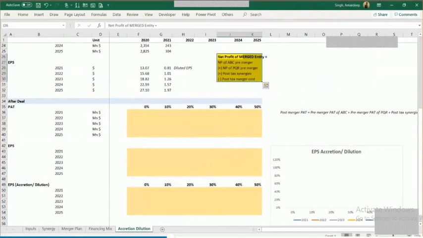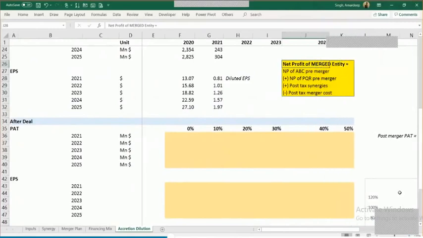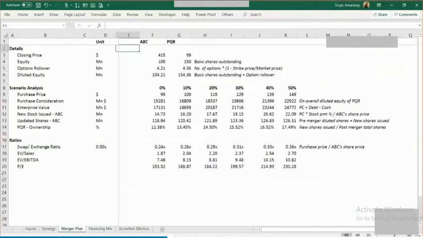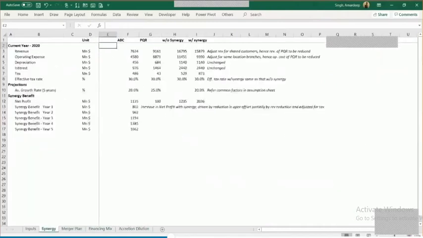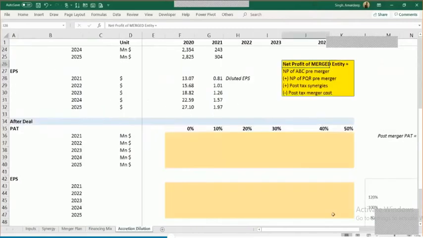Let me increase the zoom. All right, let's come back here. Now, what we are going to do as a first step, once the deal will be executed, what will be the net profit of the merged entity?